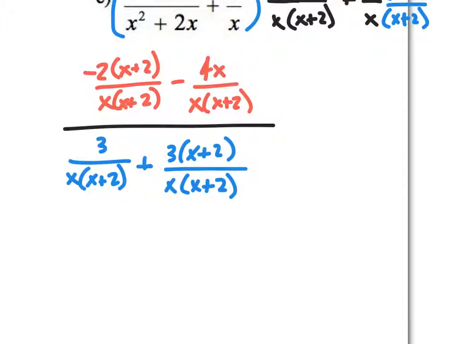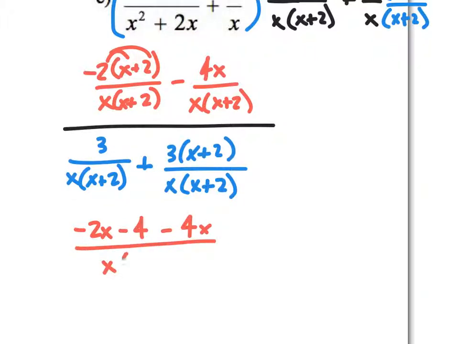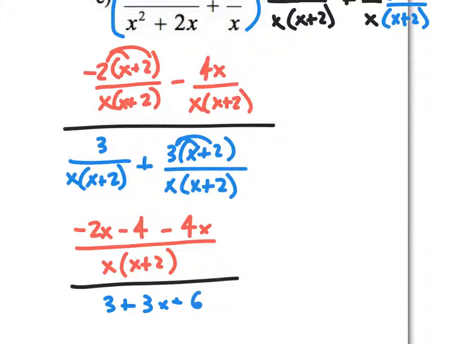Okay, I'm going to distribute my negative 2 here. So I'm going to get negative 2x minus 4 minus 4x all over x times x plus 2. Okay, I'm going to then divide that by, let me distribute this 3 here, 3 plus 3x plus 6. Okay, all over x times x plus 2.